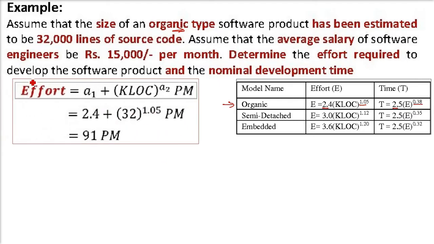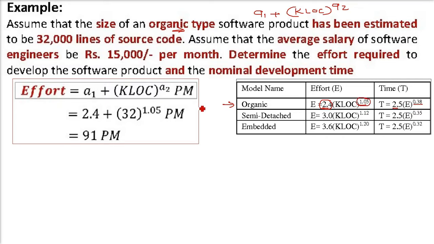Now the effort expression, let me write it again: A1 times kilo lines of code. Sometimes you are given function points, so you can use function points also. So KLOC to the power A2. What is A1? 2.4 for organic. A2 for organic is 1.05.